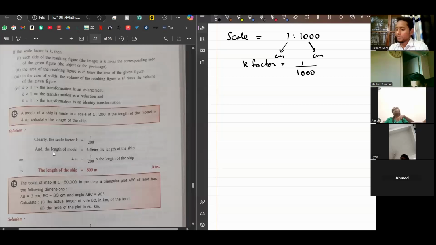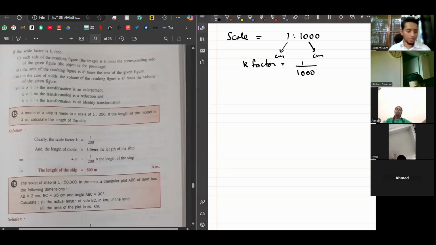For example, if I give you a small model of a car and the K factor, you can convert it to the actual size. Or the other way, if I give you an actual car and tell you I want it in this scale, then you can convert that actual car into a smaller model.